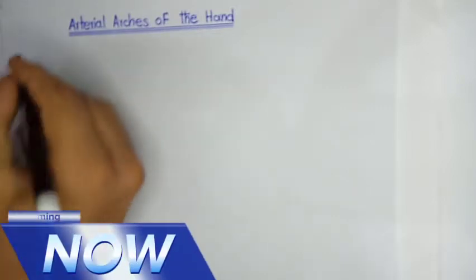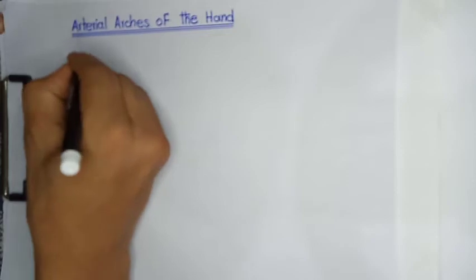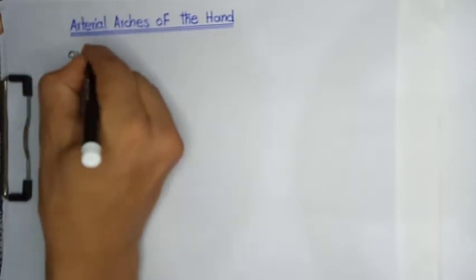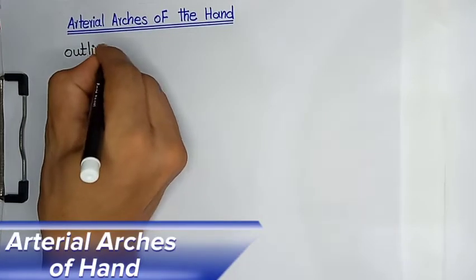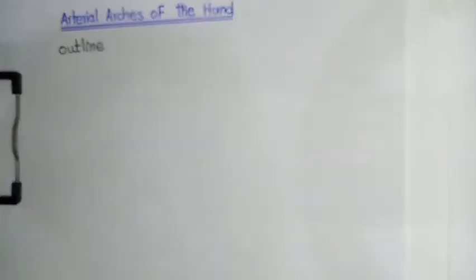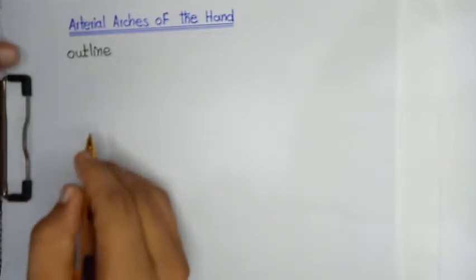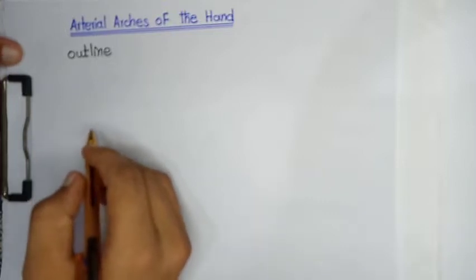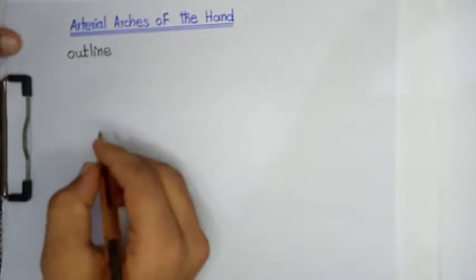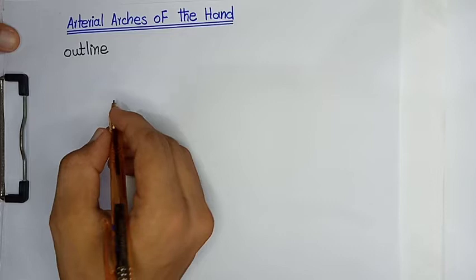Now, to understand the use of these colors, we come to the topic arterial arches of the hand. Any diagram in the anatomy must be represented first with the outline, outer boundary of the diagram. Outline must be correct, and the content of the diagram inside the boundary may change.